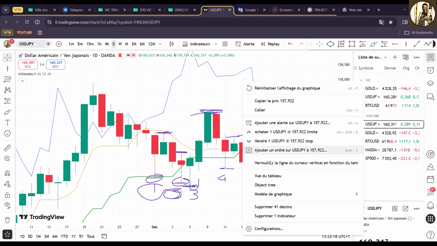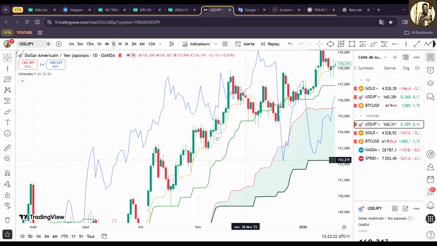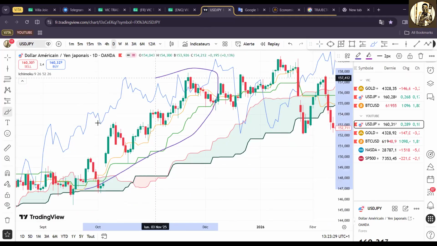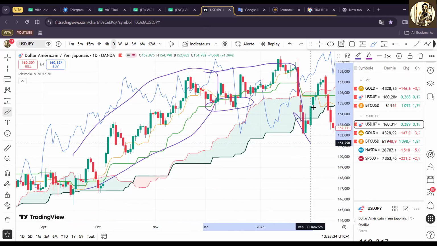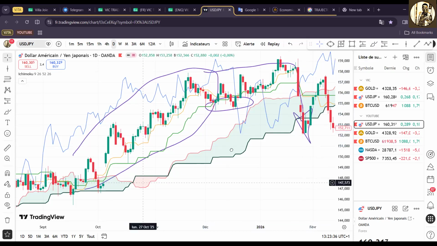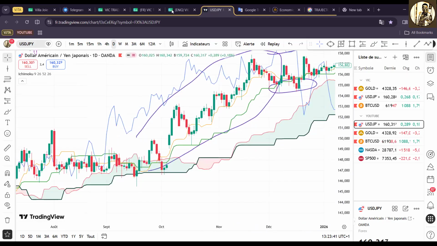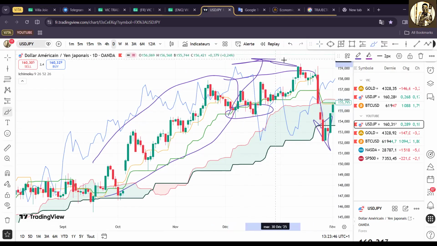So what I'm explaining there is that most of the time when the price touches Kijun, it's after a long uptrend like this. So we are already at the end of the trend, where the trend is about to reverse, right? So the take profit will not necessarily be big, like you can't aim for a long take profit there, because sometimes Kijun is just the end of the trend.